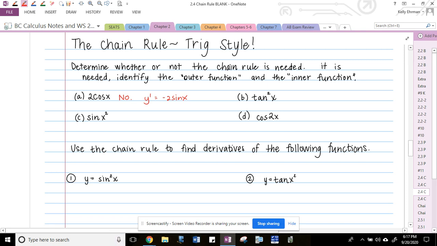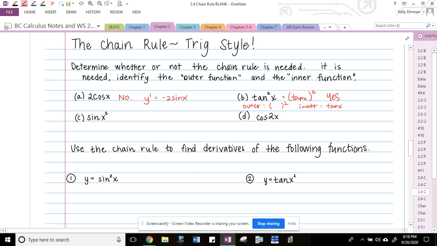For part B, if it's tangent squared x, remember, that's the same as tangent x, the quantity squared. So yes, we need chain rule for that. The outer function is quantity squared. The inner function is tangent x.